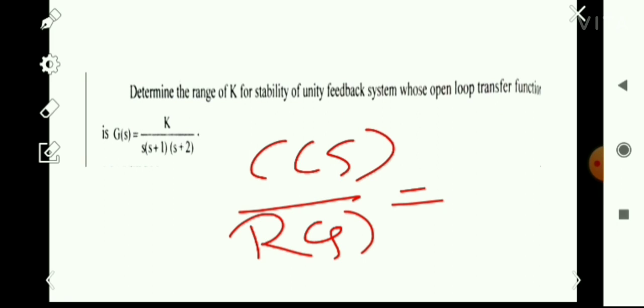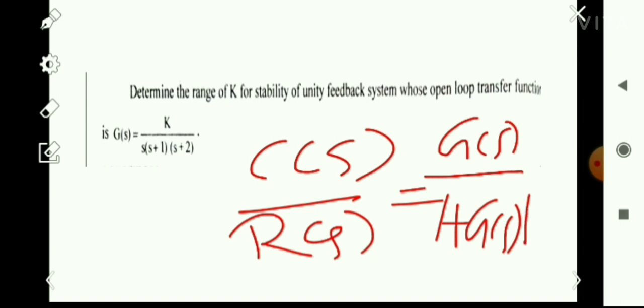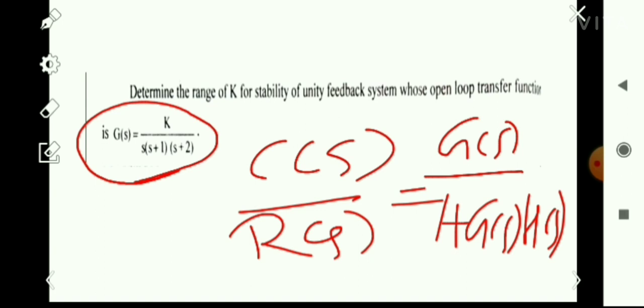For finding C(s)/R(s), we know that the equation is G(s) / (1 + G(s)H(s)). The open loop transfer function G(s) is given, and we know that it is a unity feedback system, so the value of H(s) will be equal to 1.